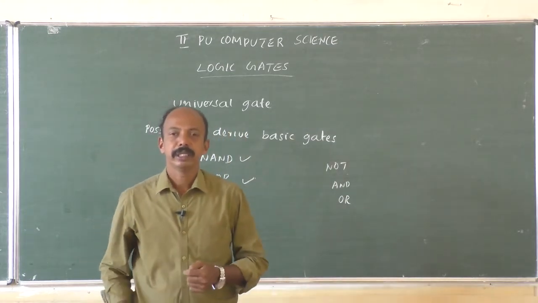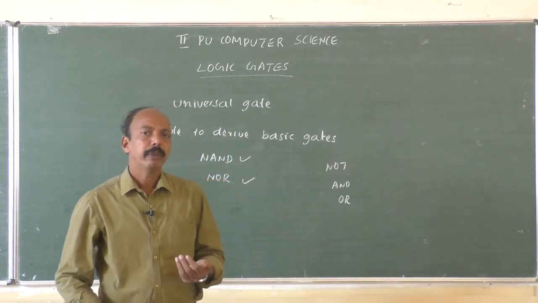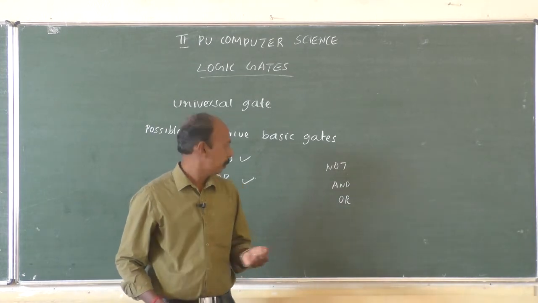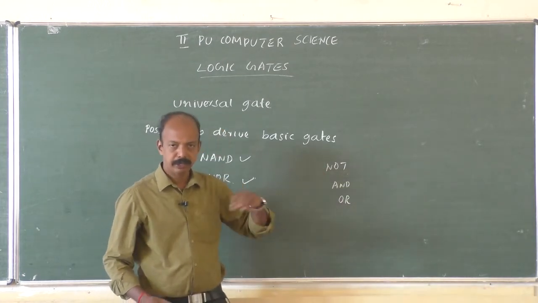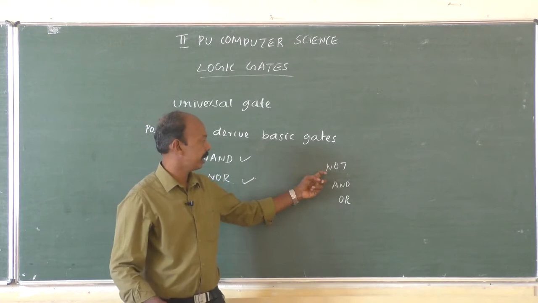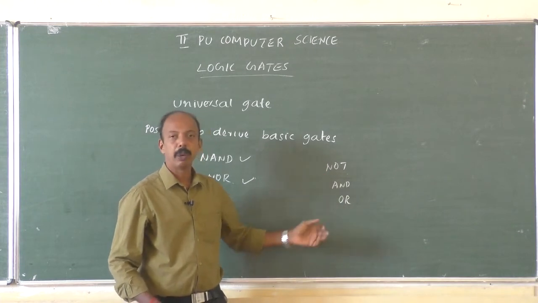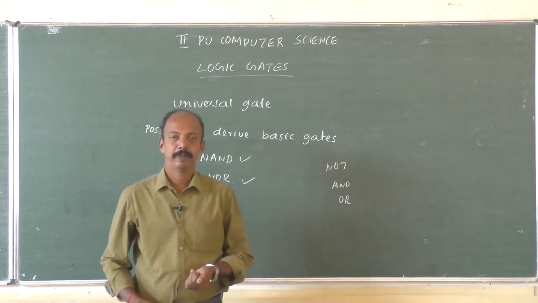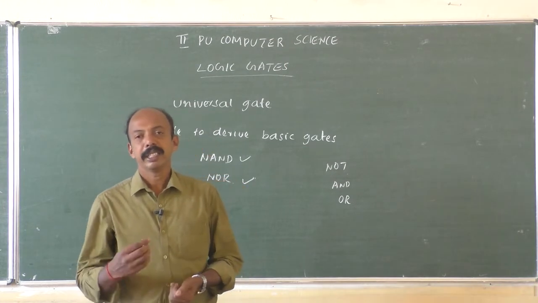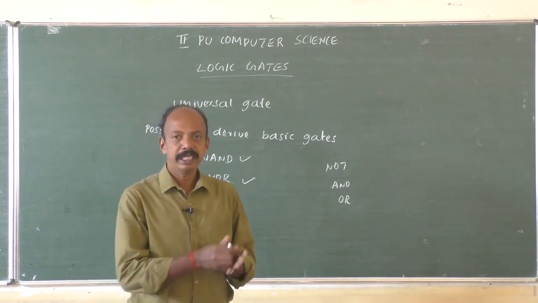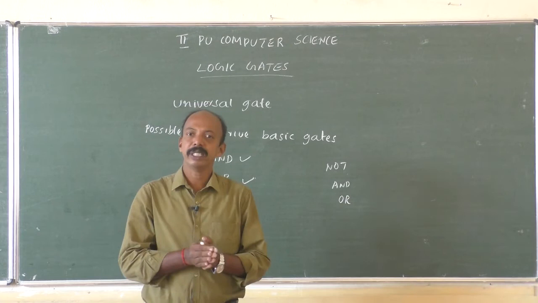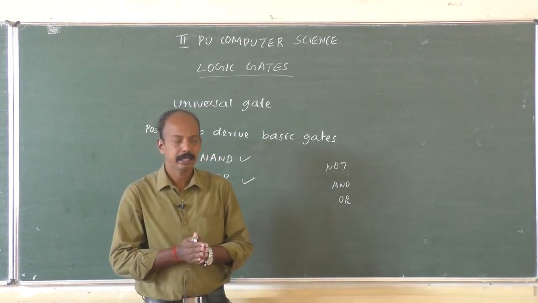Now the question is, what will be the advantage of universal gate? If it is possible to derive the NOT gate, AND gate and OR gate, what will be the advantage of that? See, whenever we are designing something, designing similar types of components will be easy for us, right?